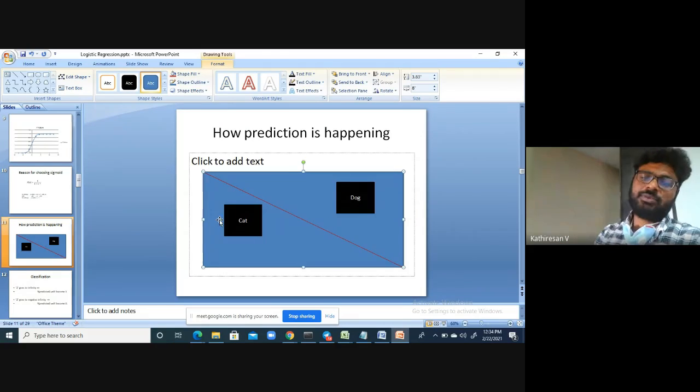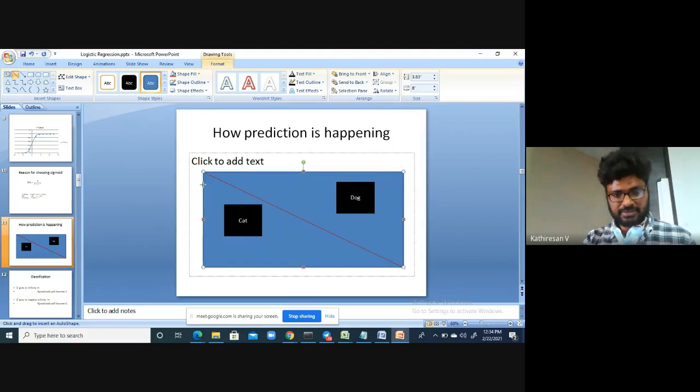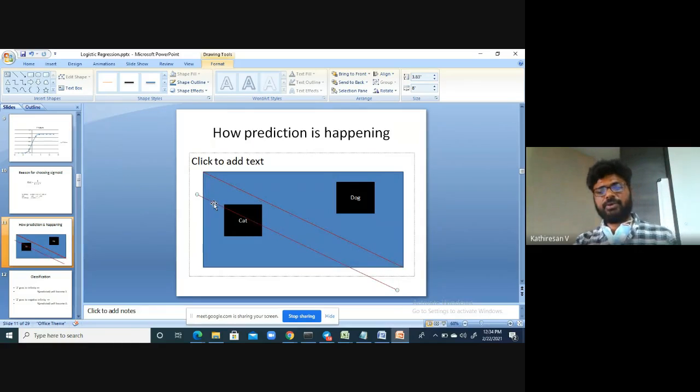See, the data distributions are here, and data distributions are here. You have to classify. Let me consider linear regression. If your line is here, you can come to a conclusion like it belongs to cat.